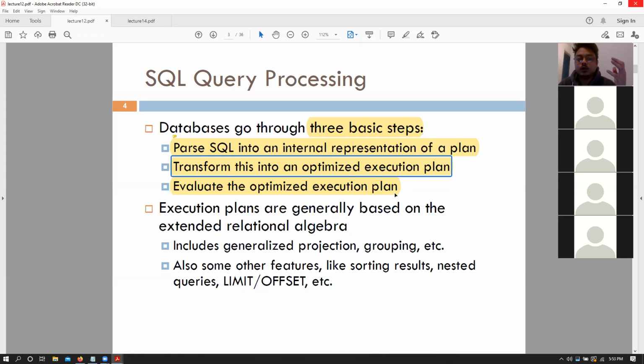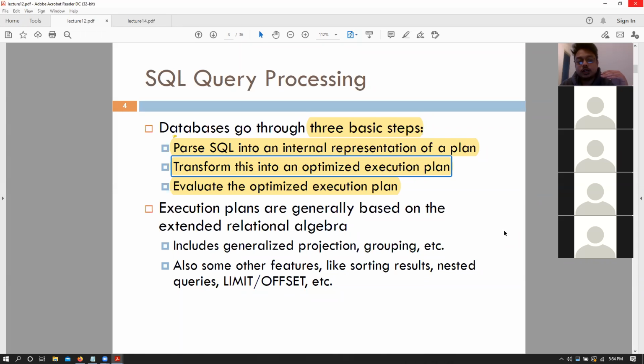Then the executor says, you know what, these are the possible plans that I have that can be executed. Out of these, this is the best one, the fastest, and you need to execute this one. And then the executor executes that particular plan, right? So we would look into the traditional relational algebra components that we talked about, those six: union, set difference, select, project, all of those things.